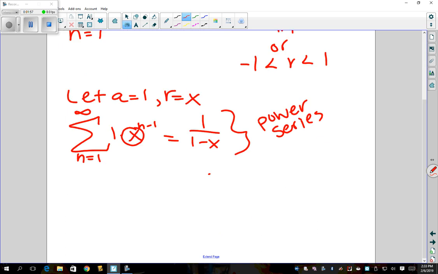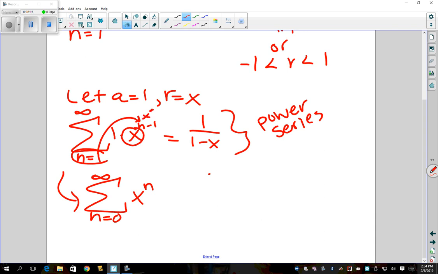This is kind of a form of the power series, but we mostly see it in the form n equals 0 to infinity of x to the n. So instead of n minus 1, where n equals 1, we'll get x to the 0. This is just n equals 0, and that way we start off with x to the 0.